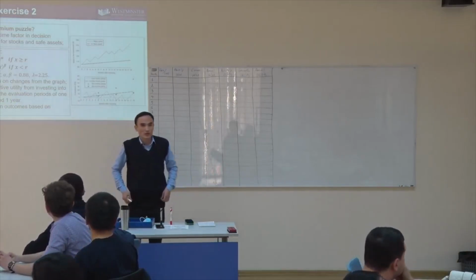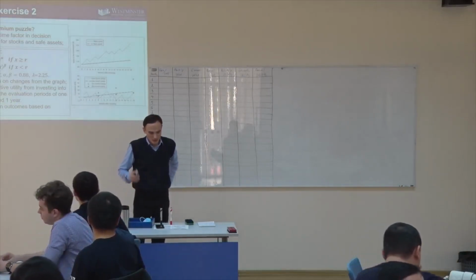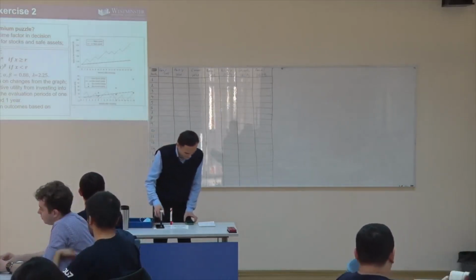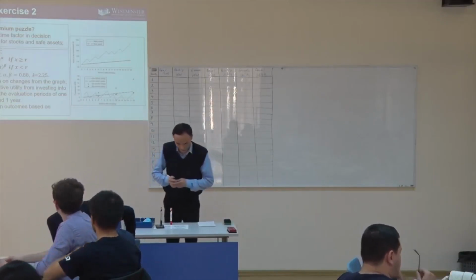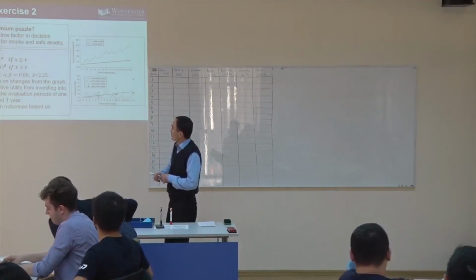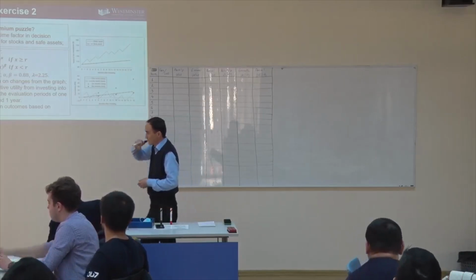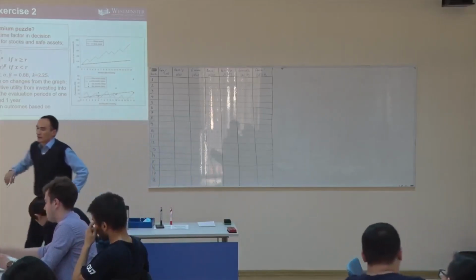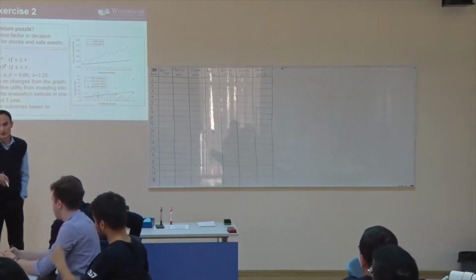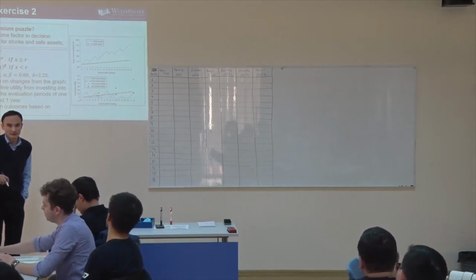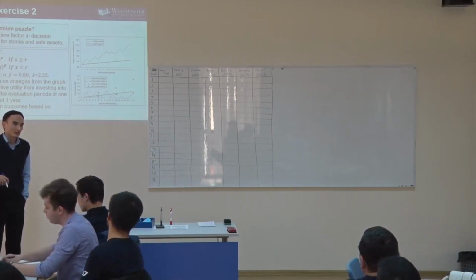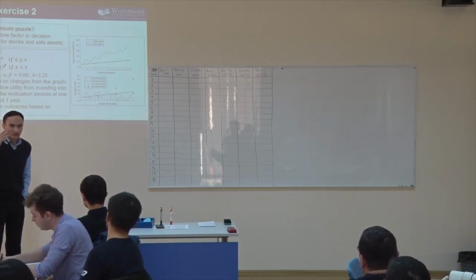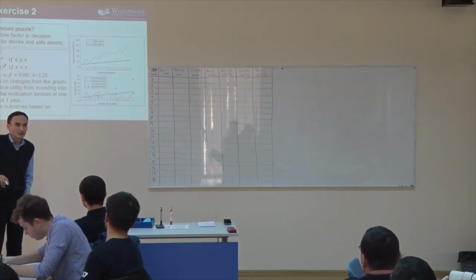So students, let's continue. Now it's 3:10. I gave you more than 10 minutes break. So now, students, we have the second exercise with some discussions. We have considered, students, how people behave in the financial markets, right? And we tried to explain people's behavior with 3 models. The first one was the equity premium puzzle.